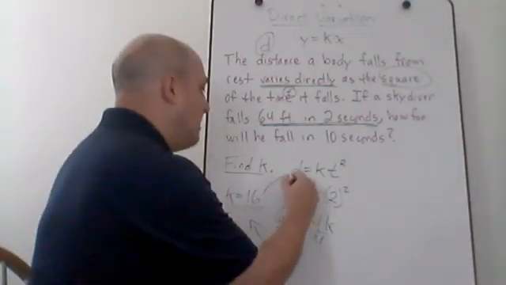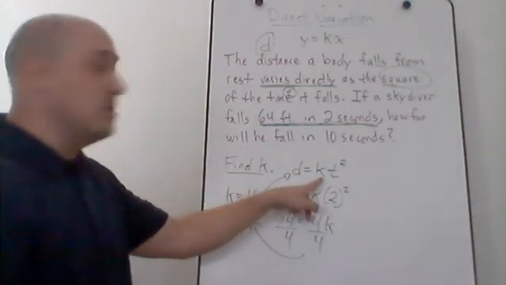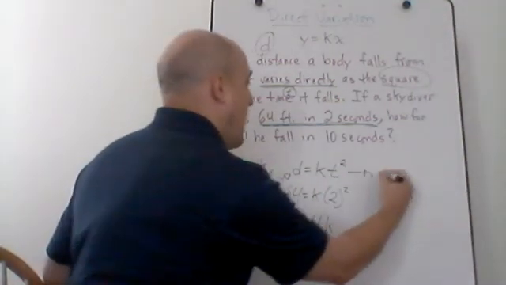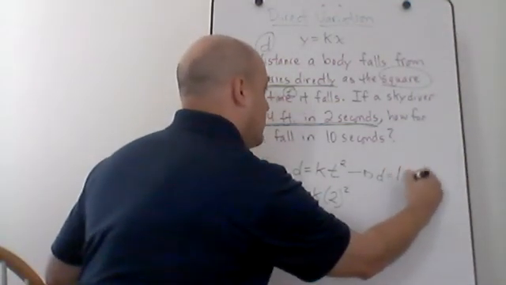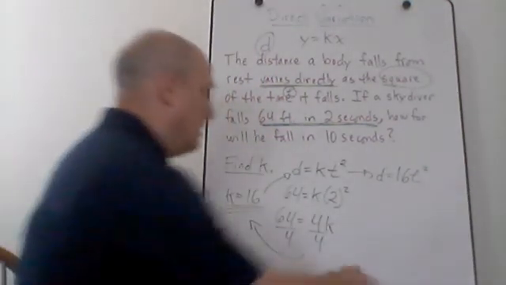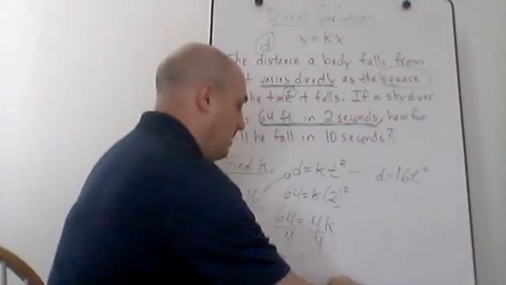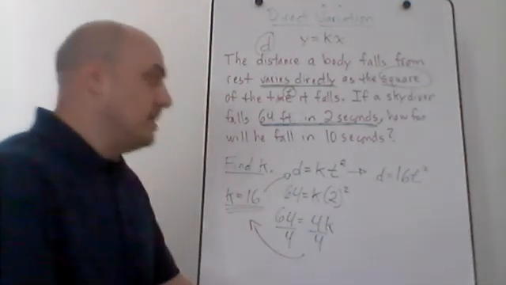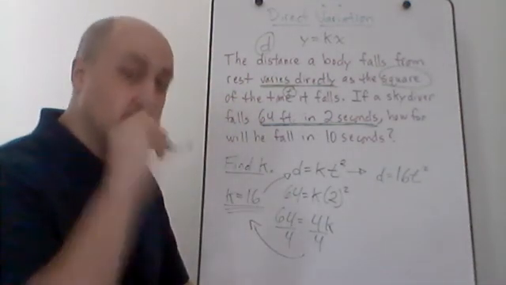Once I solve for k equals 16, I plug that back into my general formula of what this looks like. So I have d equals 16 times t squared. And that was supposed to be an arrow there. Not quite sure what it turned out to be. All right, so my d is equal to 16 times t squared. So that's the first couple steps.